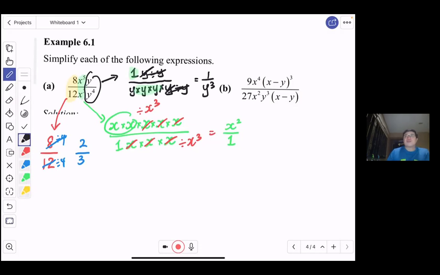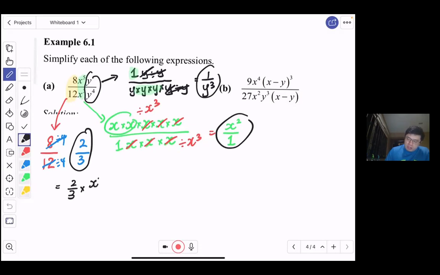So you can see that I broke up my fraction into 3 parts: the numerical part, the part with x, and the part with y. If I look at them, my answer is 2 over 3, multiplied by x squared over 1, multiplied by 1 over y cubed.